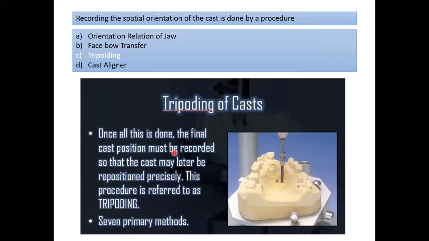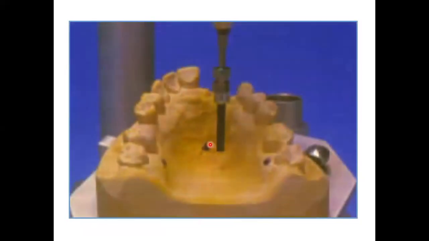The final cast position must be recorded so that the cast may later be repositioned precisely. This procedure is referred to as tripoding. There are 7 different methods of tripoding the cast. The most commonly used one is with the help of your carbon marker. You will mark 3 points: one in the anterior slope of the palate, and two on either side of your posterior lateral slopes of the palatal region.